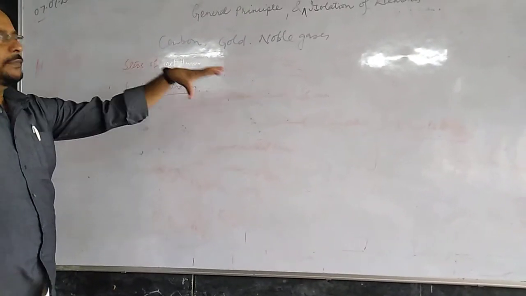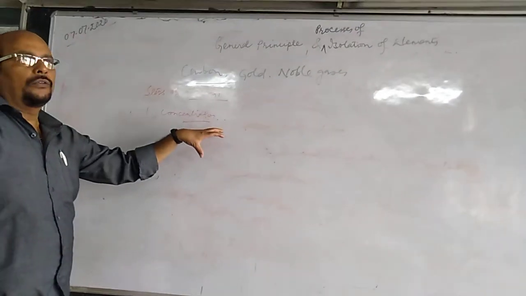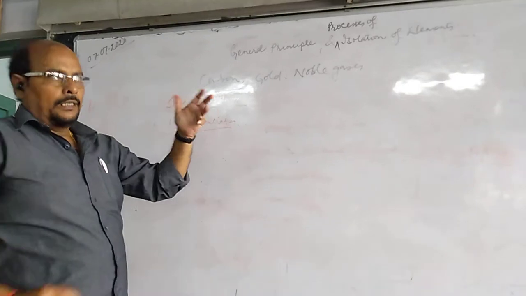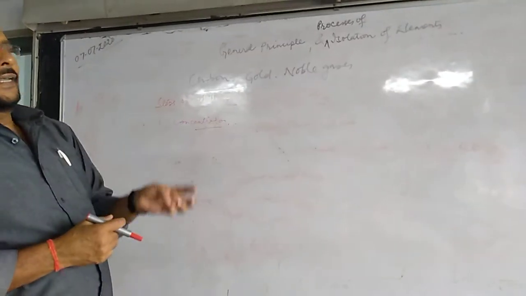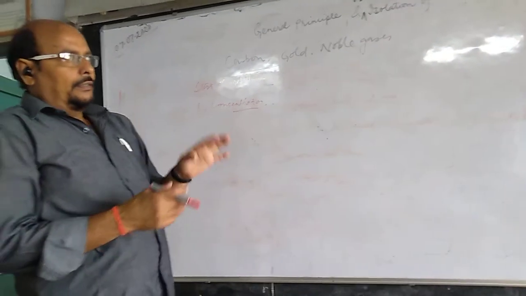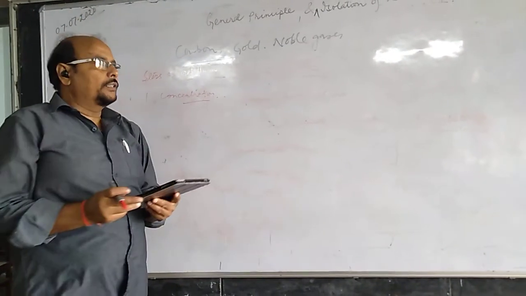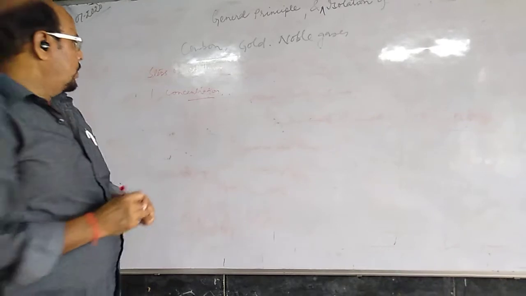See, in nature ore is found in a very impure form, right? Impurity like clay, gangue, बहुत सारी गंदगी मिली होती है. So ore is to be concentrated. Now what is concentration?